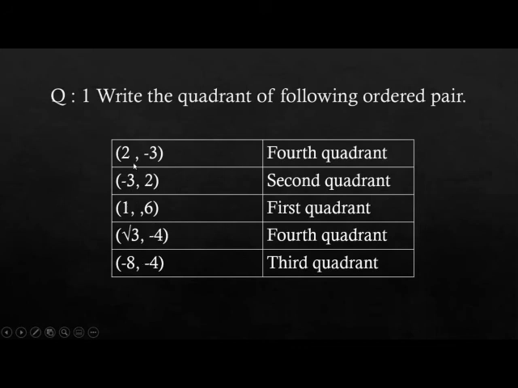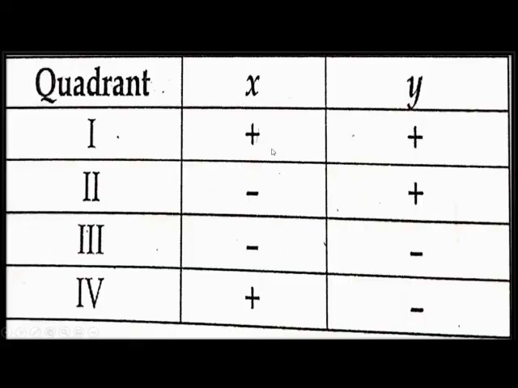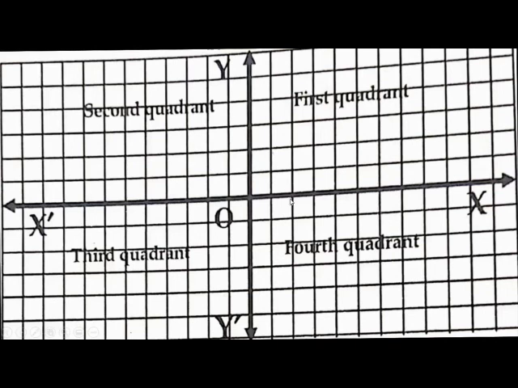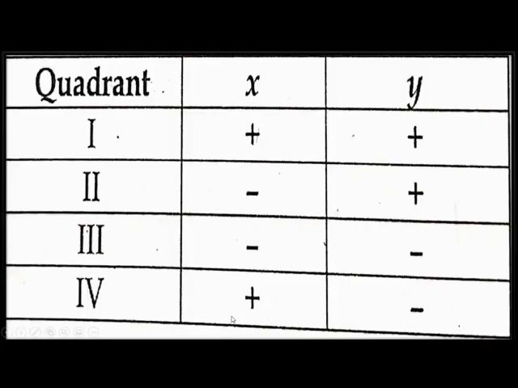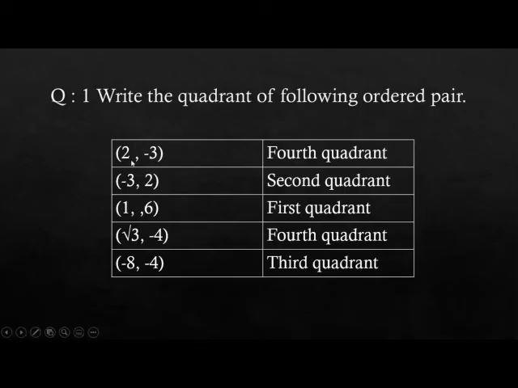So in the first case, 2 is positive but 3 is negative, so they belong to the fourth quadrant, as you can see in this chart as well, which is the Cartesian plane: x is positive, y is negative. So whenever x is positive and y is negative, they belong to the fourth quadrant.